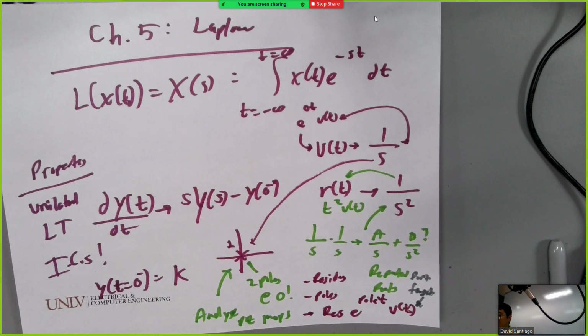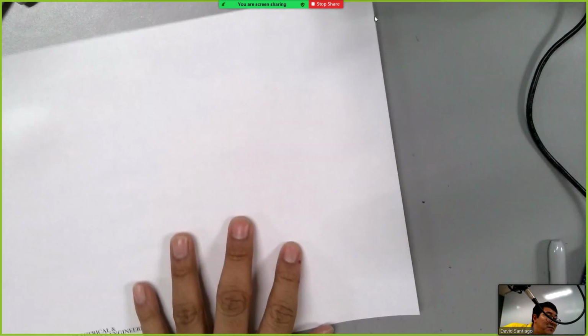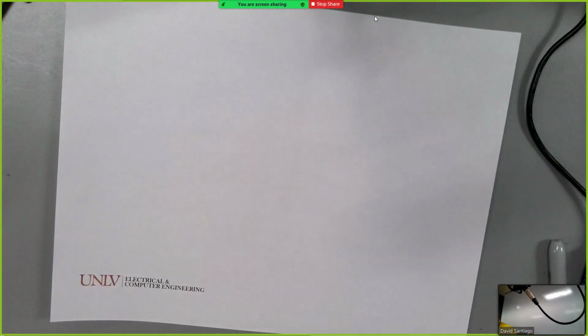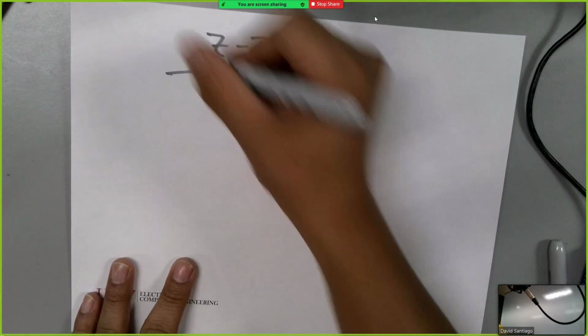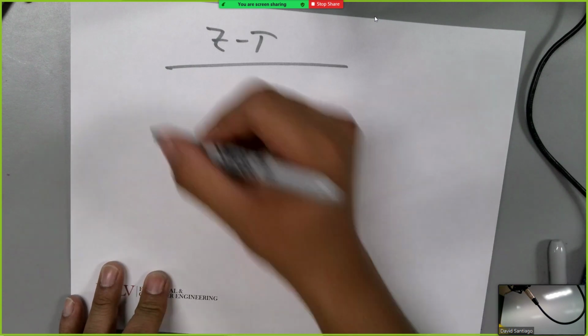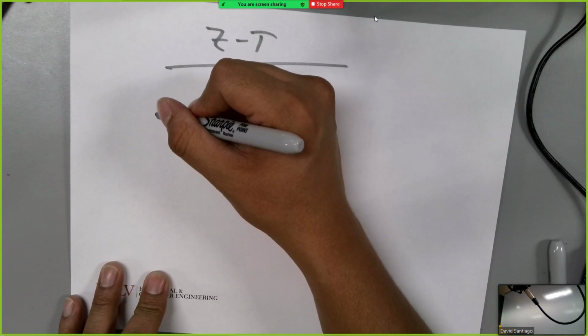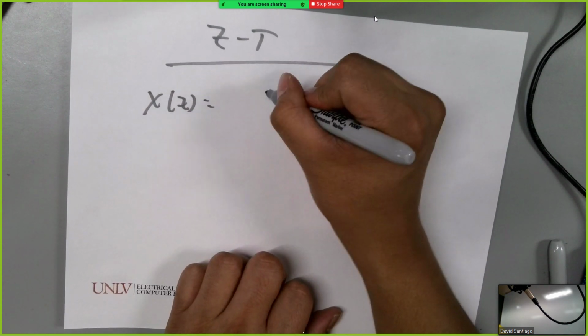Easy? And then the final thing we covered, and I gotta wrap this up because it's getting way too late. Z transforms, which I don't know what chapter that was. It's basically the same thing, where X of z is equal to, what was it?